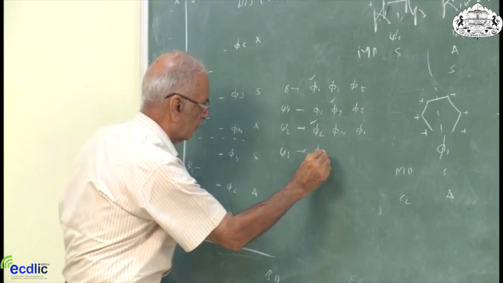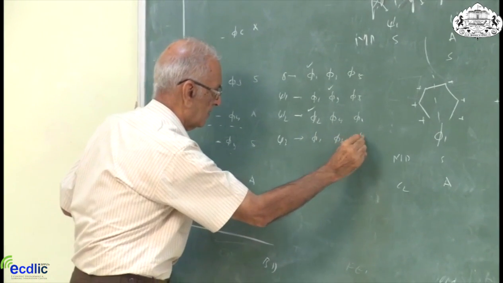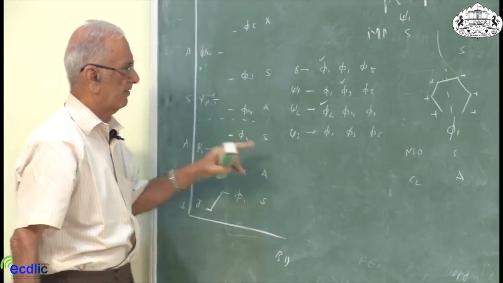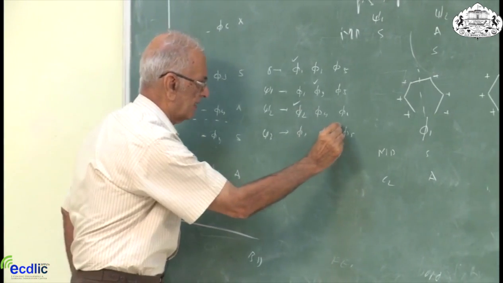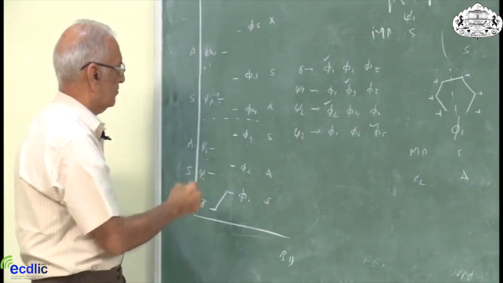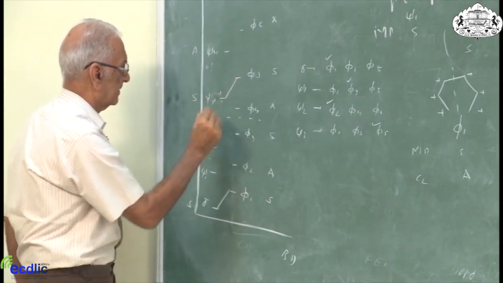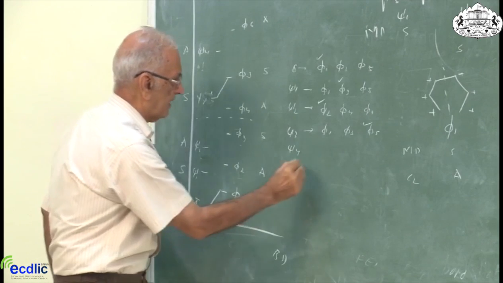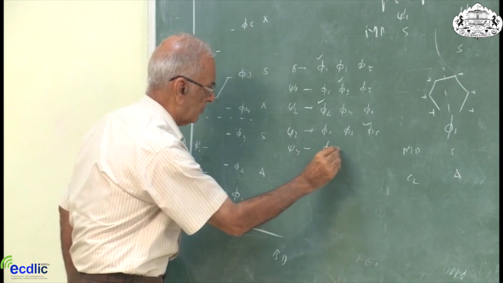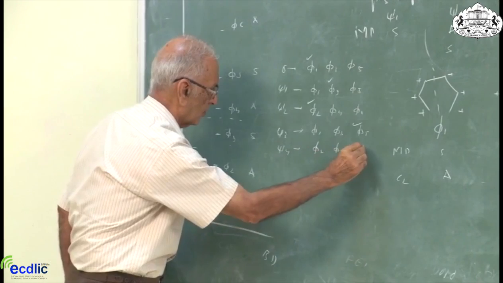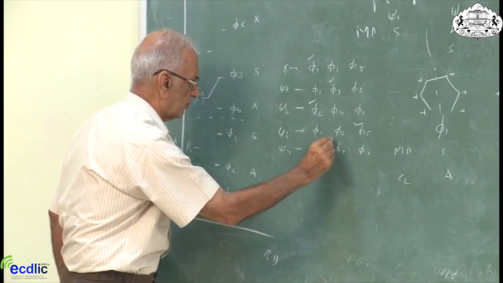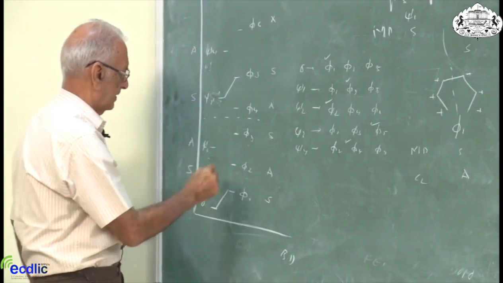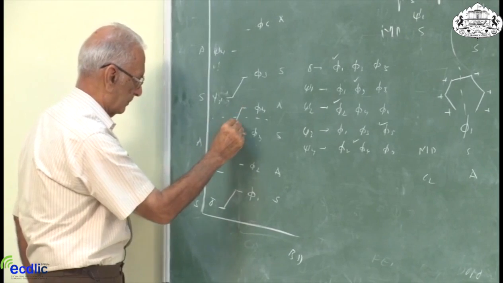Therefore, it can join to 1, 3 or 5. 1 and 3 are occupied. Therefore, I must join it to 5. Psi 4 is anti-symmetric. Therefore, it can join to 2, 4 or 6. 2 is occupied. Therefore, I must join it to 4.